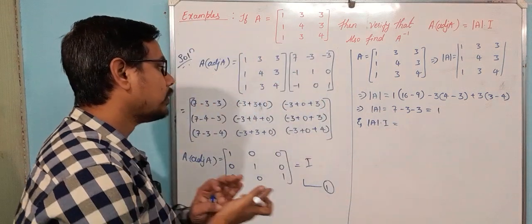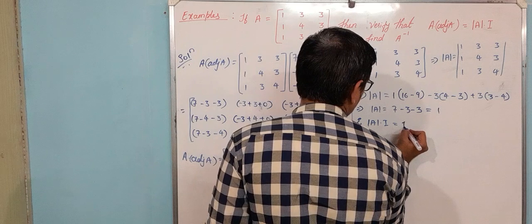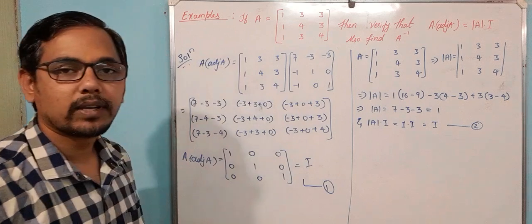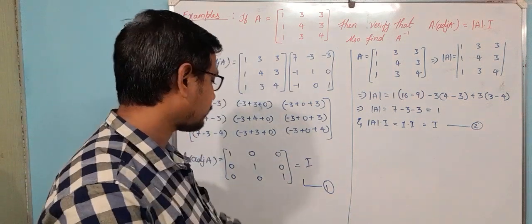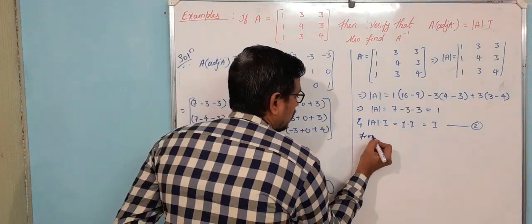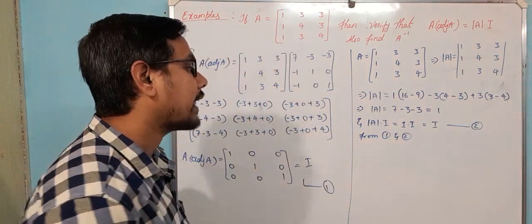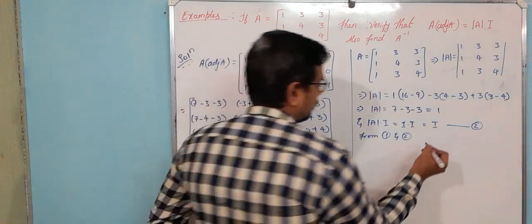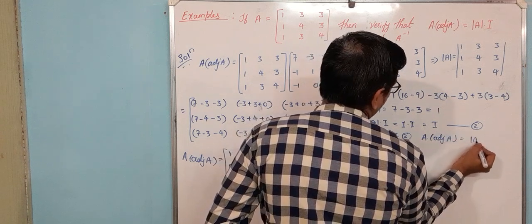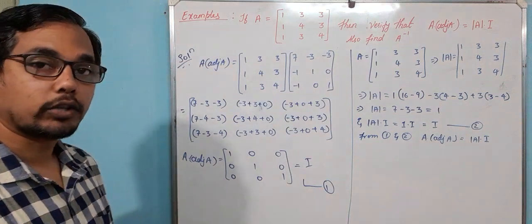Determinant A is 1, and 1 into I is I. So I can write this as I. So from 1 and 2, I can write A into adjoint of A as equal to determinant A into I.